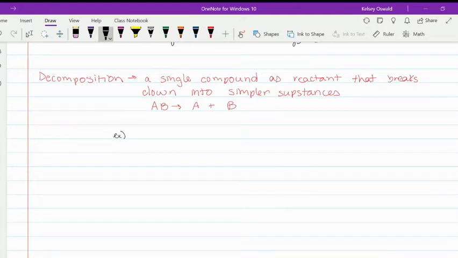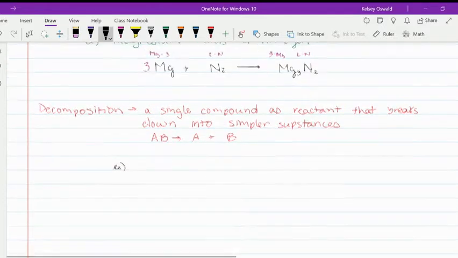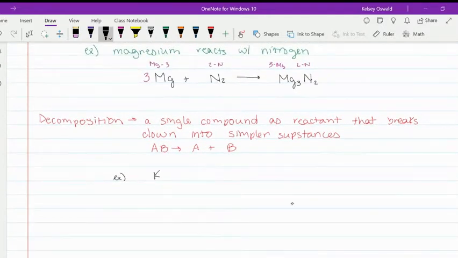Let's say we have the formula K2O, or the compound K2O. Our only reactant, so we know this is going to be decomposition. It's going to break down into its individual components. So if we have potassium and oxygen, when K2O decomposes, it's going to break down into potassium and oxygen.